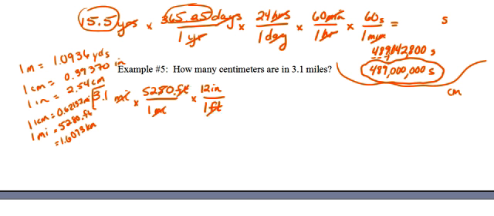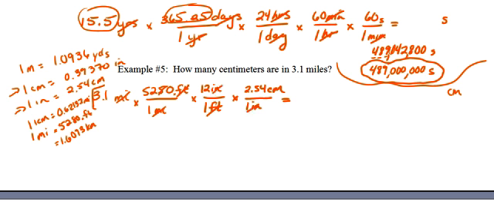We're in inches. Can we go from inches to centimeters? Yes, we can. We have 2 conversions that we can use. We can use this one here or this one here. I'm going to use the second one just because. It doesn't matter which one you use. We want inches on the bottom, so we'll put 1 inch on the bottom and 2.54 centimeters on top. And so now the inches divide out, of course.